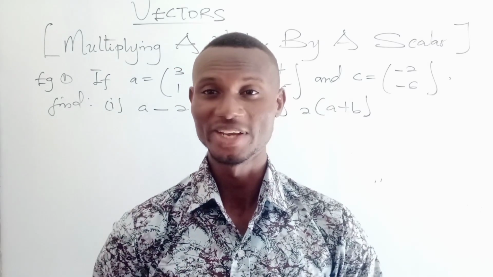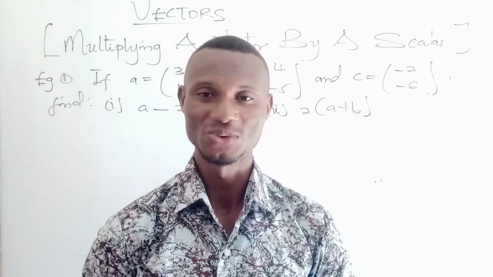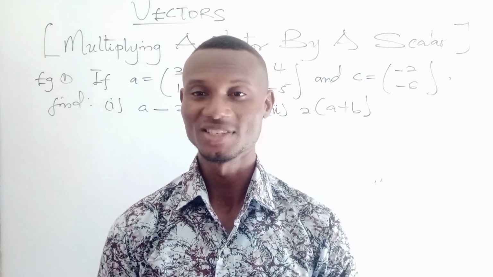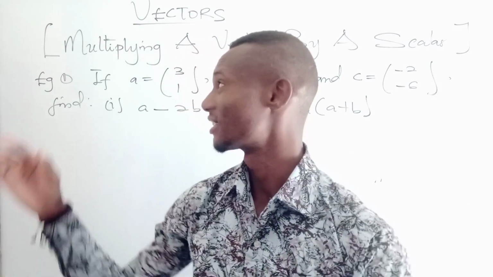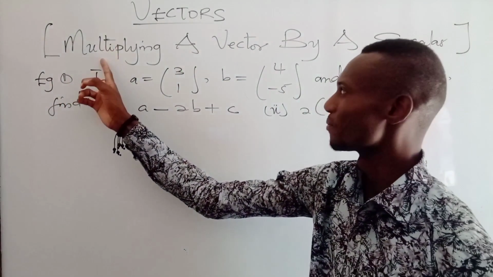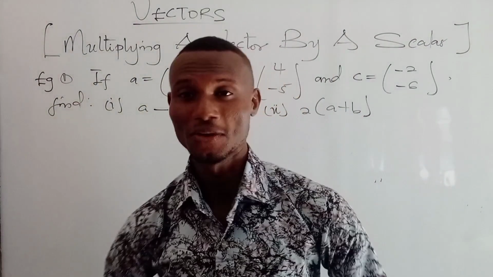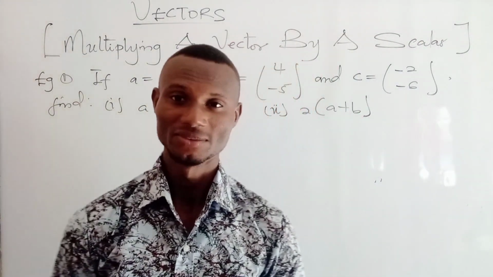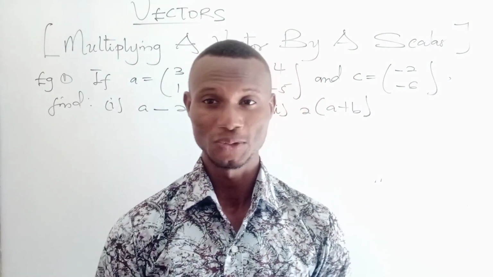So this is a continuation to handle another aspect of vectors with you, and that is multiplying a vector by a scalar. As you can see from the board, I've written multiplying a vector by a scalar. That's what I want to teach you in this video, and you can also see that I have an example on the board that I want to solve with you.